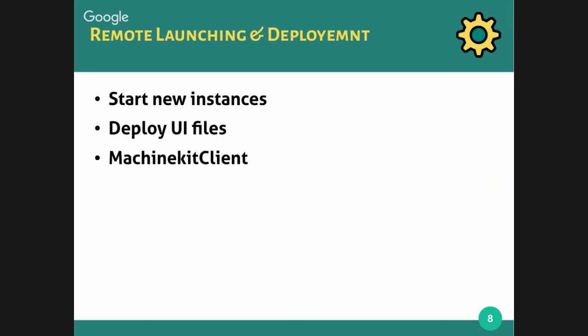This gets rid of all the Android deploy problems, for example. It's not too hard to deploy an application to Android, but you basically have to be a developer to do it. You have to have a credit card to get it in the market and so on. It's not that easy. Yeah, and this single client application is the MACHINEKIT client.